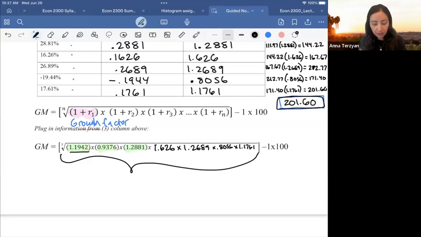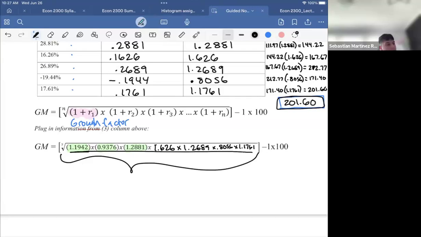Let's do this. Let's make it easier. Just multiply these numbers. Just give me that number without the root. I got 2.81.